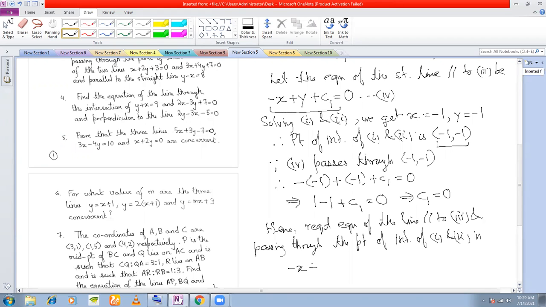Minus x plus y plus 0 is equal to 0. That means what is the line? y minus x is equal to 0. This is the equation of the straight line. Clear with this problem, or any question you have?